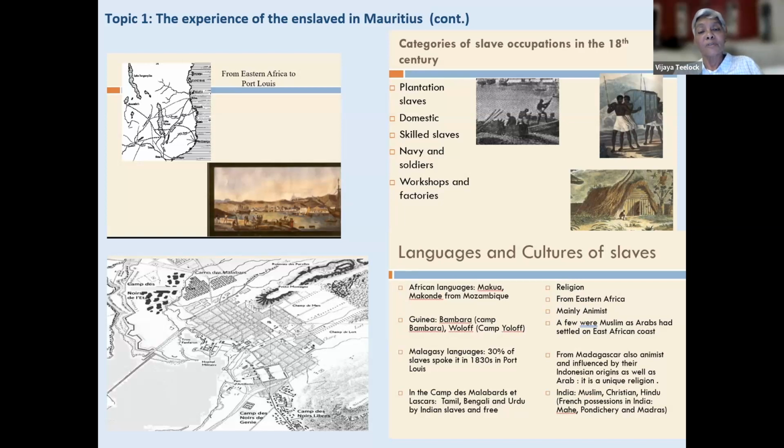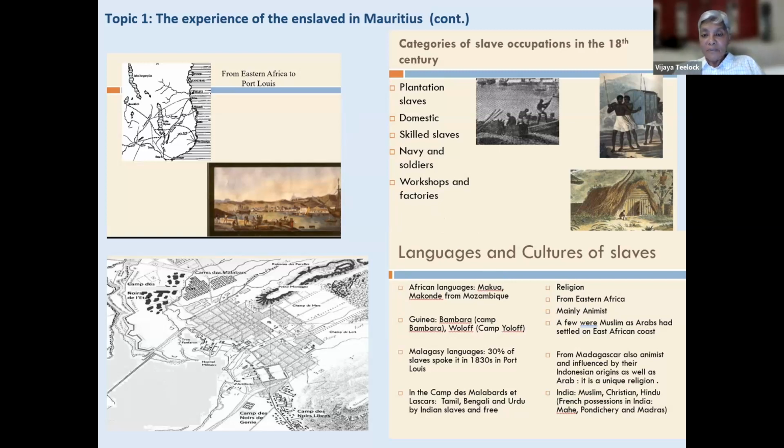Today, we have subsumed all these cultures and languages into one, which is the Creole language. But I always tell students that we must not forget that slaves spoke a multiplicity of languages. They integrated many different cultures that existed in Mauritius into themselves. And we have a population that is métissé in Mauritius today.